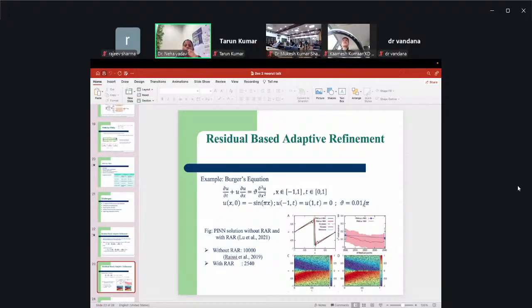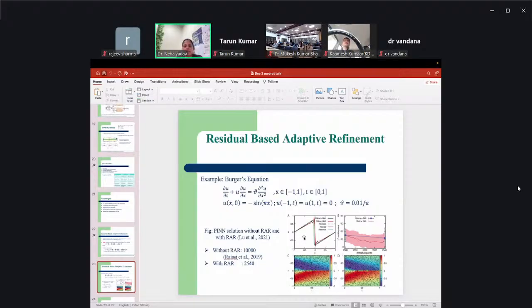So what has been done is, instead of randomly generating the collocation points within the domain, more training points, or the residual based adaptive refinement, is done at the point x equals 0.